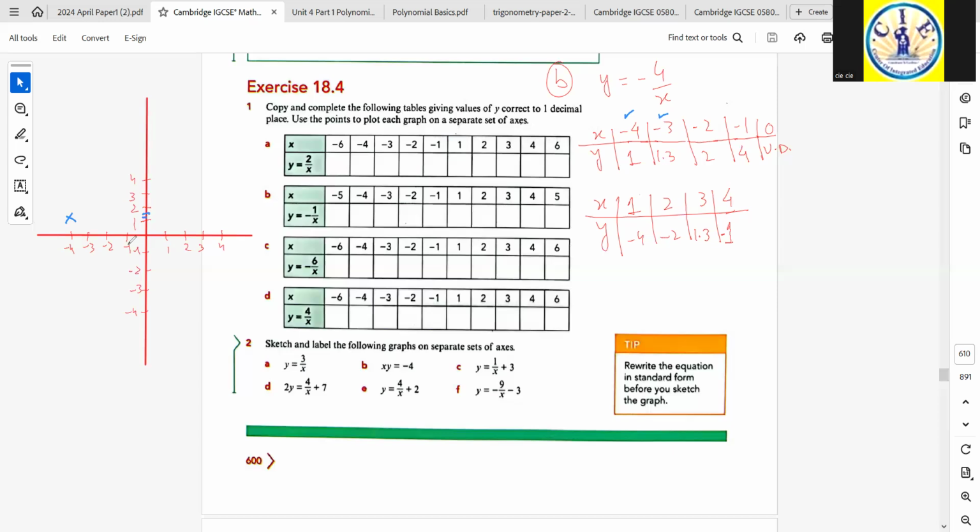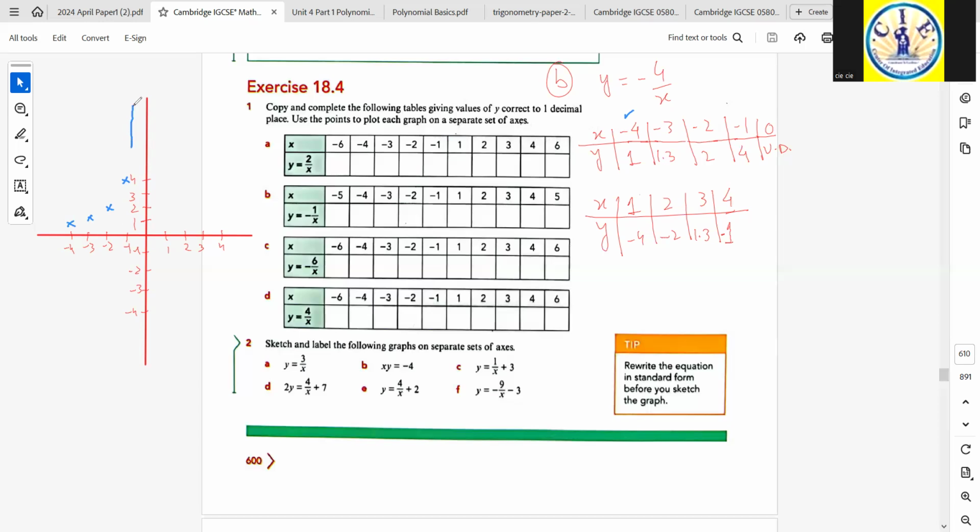So this is, let me do it like this. So this is going to be this one, then a bit higher, then further higher. -1 corresponds to 4, and so on.